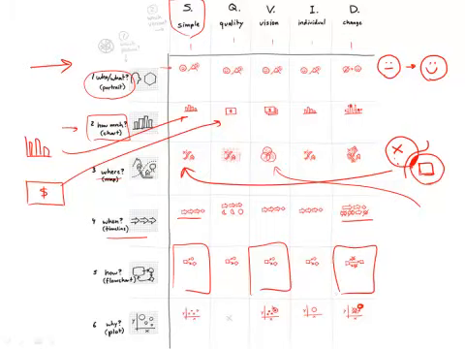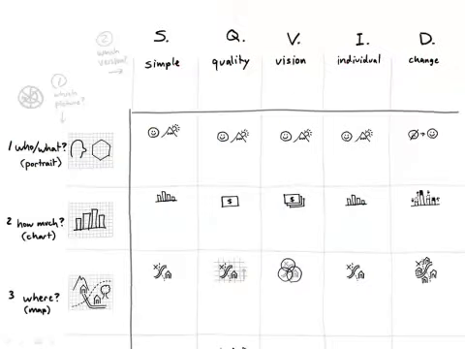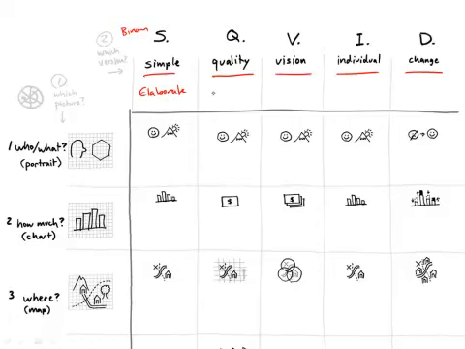But as we remember, the whole point of the SQUID isn't just that we talk about what the letters stand for. We remember that it was also binary. That is to say, there's also the opposite. What was the opposite of simple? Elaborate. What was the opposite of quality?